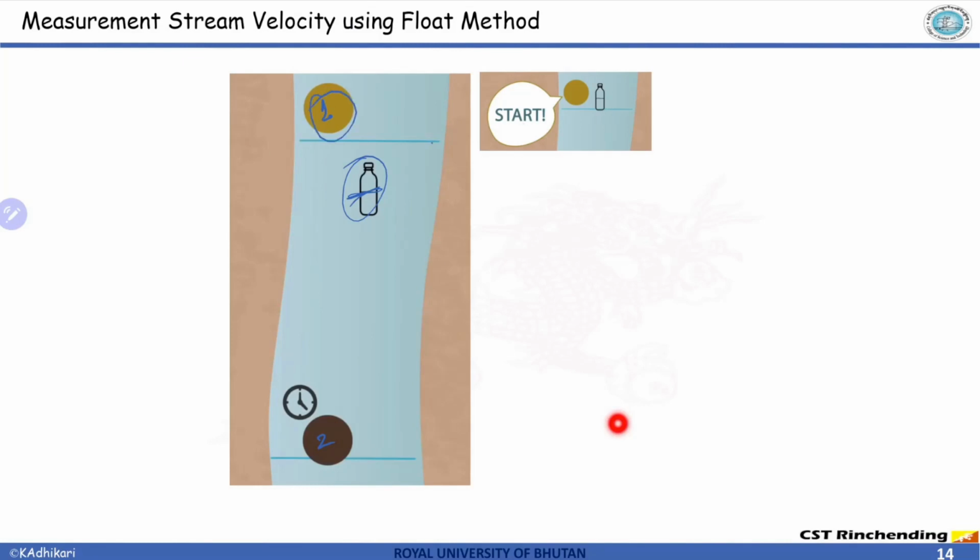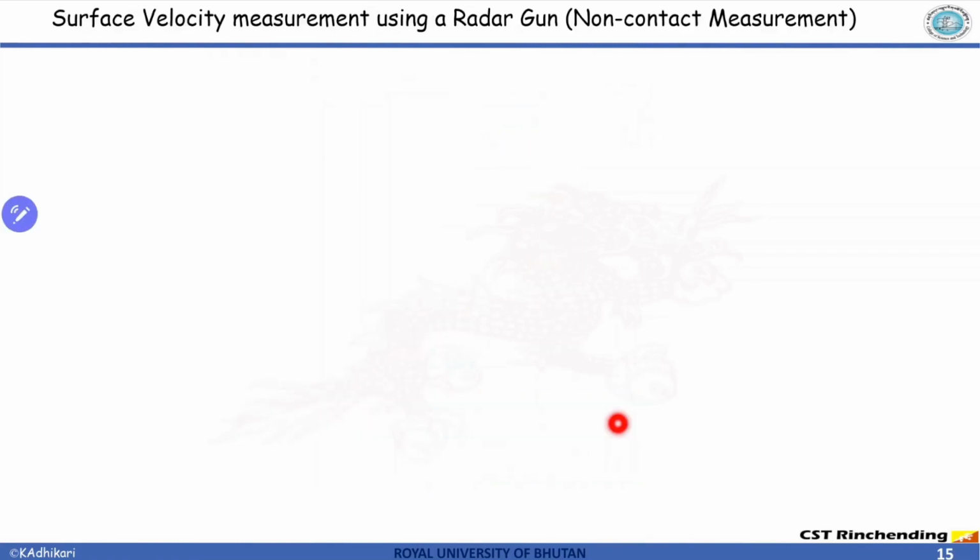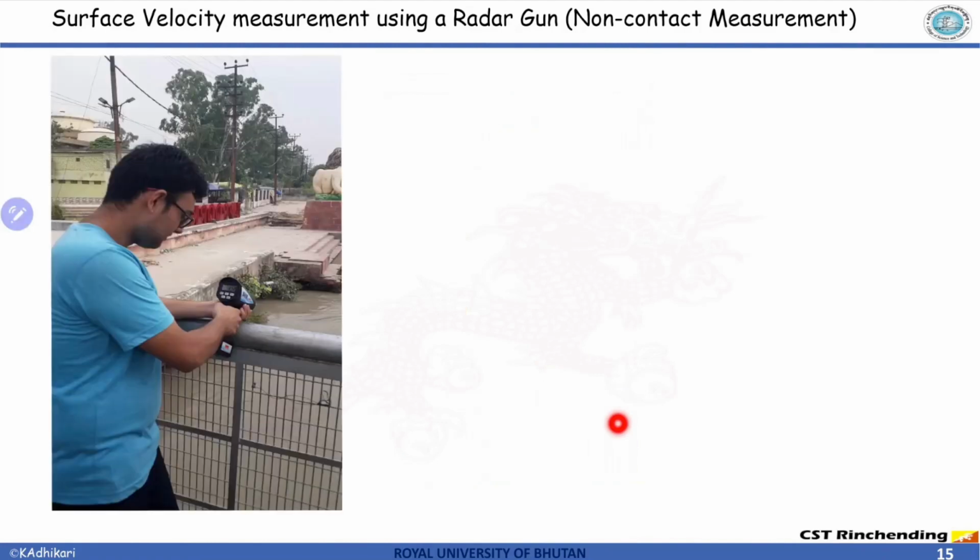So he starts noting the time, and as this bottle reaches this line, he will stop the watch, and the time is noted, and this distance has to be measured. You do this exercise 3-4 times, and then you can average out the values to get the average velocity of the flow.